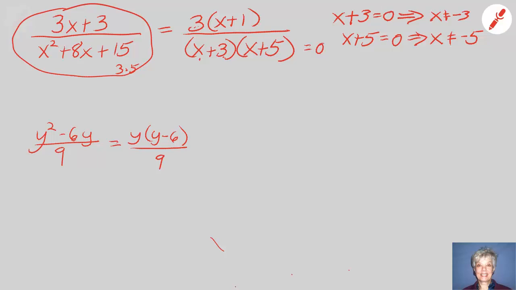It's constant. So nothing will make this rational expression undefined. You're safe here. All the numbers that y could equal are okay because nothing can possibly make that denominator equal 0, because there's a 9 there and there's no variable that 9 could multiply to equal 0. 9 will never equal 0.